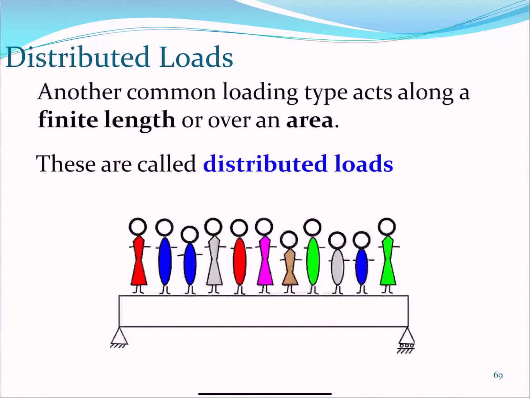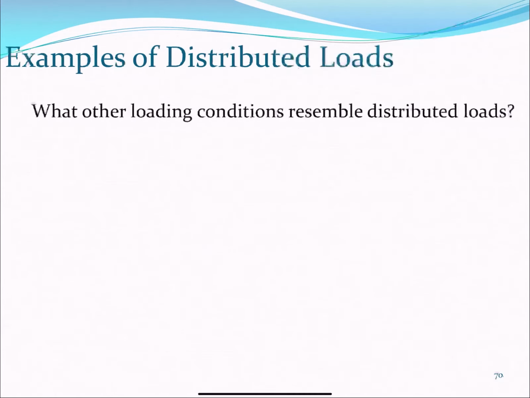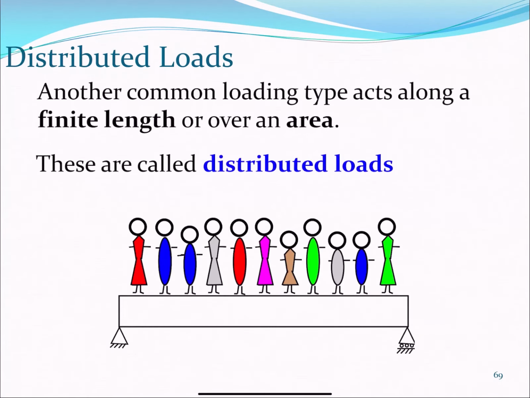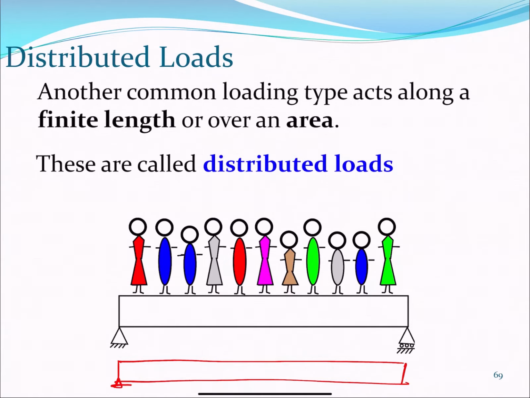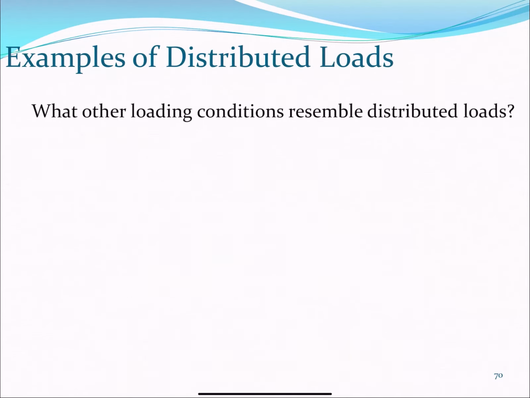For example, right here we have the same bridge beam, and we have a bunch of people standing on it, and we can think of these people as placing a bunch of forces on this beam. So we would call this a distributed load over the body.